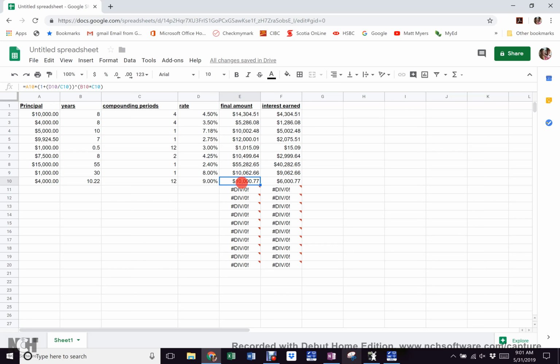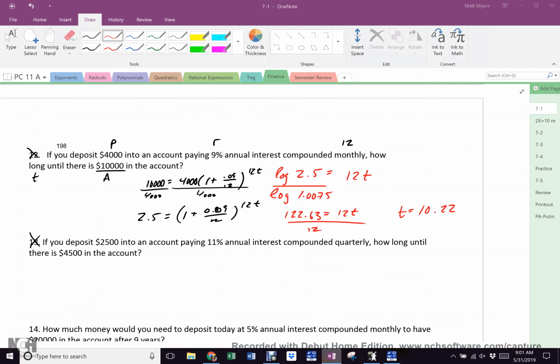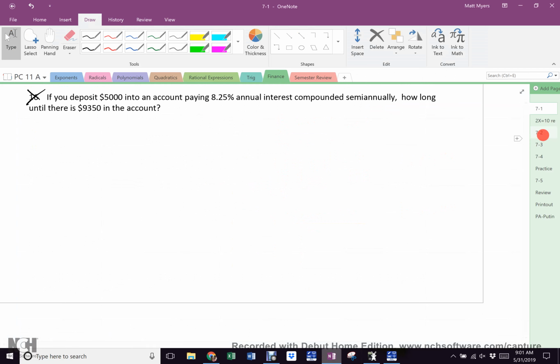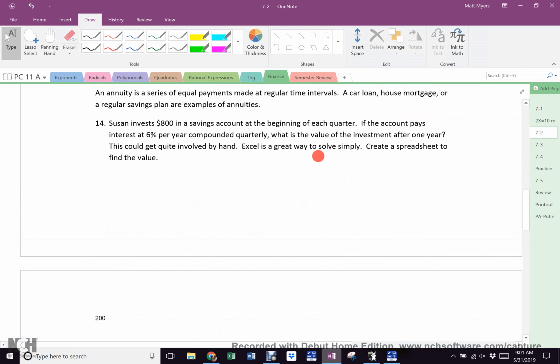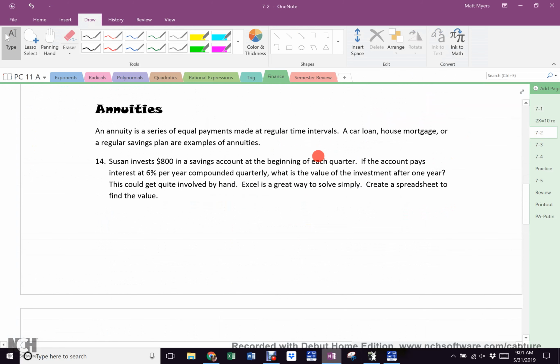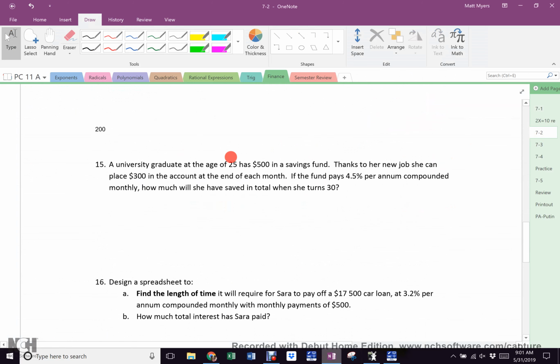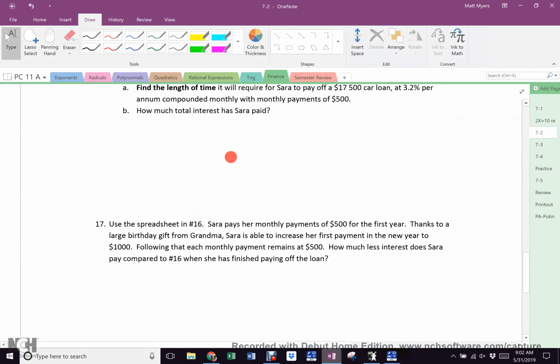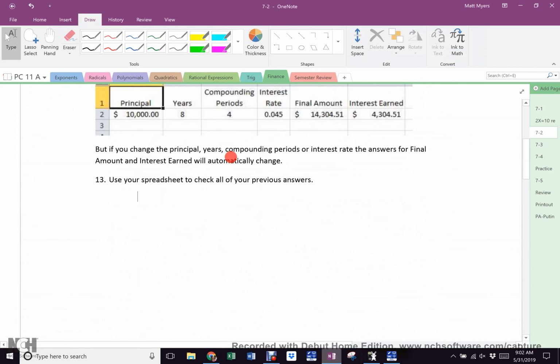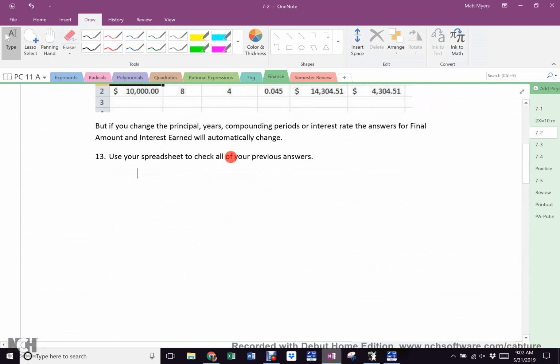Please notice, because we're going to use it to talk about what are the next things in your workbook. Annuities. Annuities, all these things are explained. We're going to use a spreadsheet to try and work them all out. But we'll do that tomorrow. Today, you do 12, 14, 16, whatever the log questions are, and then double check them with your spreadsheet.